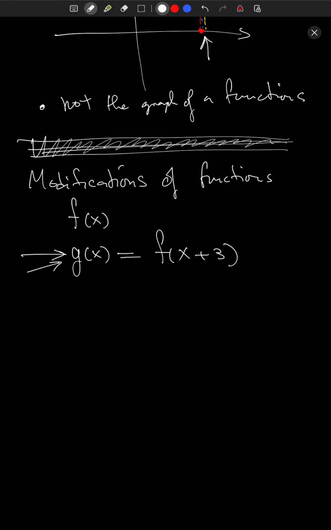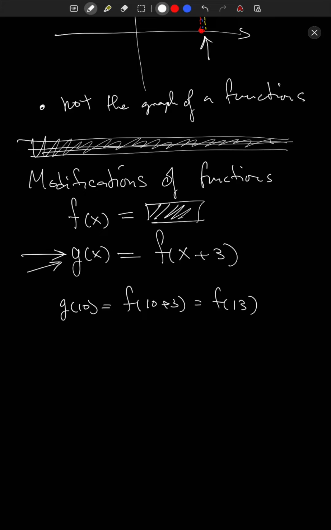In other words, what is g of 10? g of 10 is equal to f of 10 plus 3, so it's f of 13. If I had a formula for f, I could calculate g, because whatever I plug into g, I just add 3 to it, and then I plug that result into f.